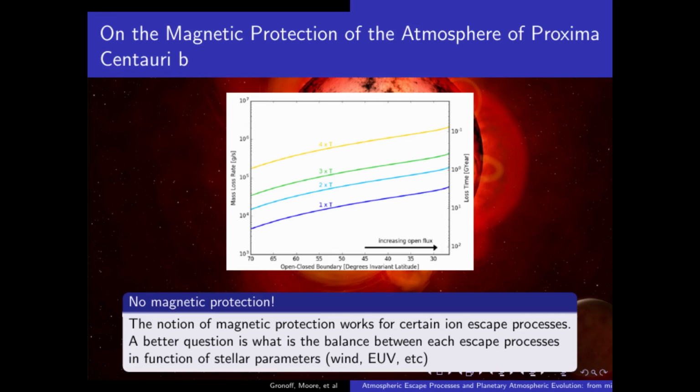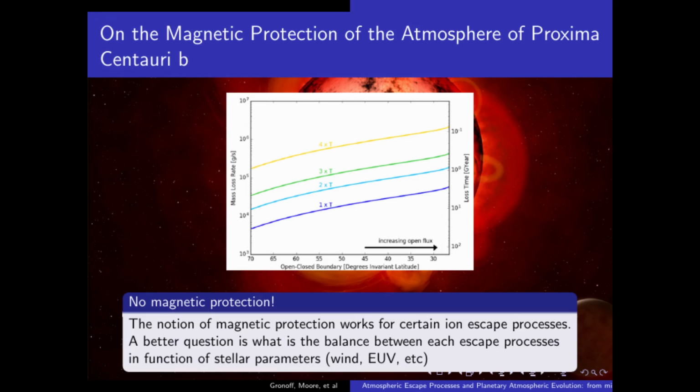And basically, it means that for 2 exospheric temperature of the Earth, you will lose that ocean's worth of atmosphere in a couple of gigayear, and if you have 3 or more, you will lose the ocean in less than a gigayear.